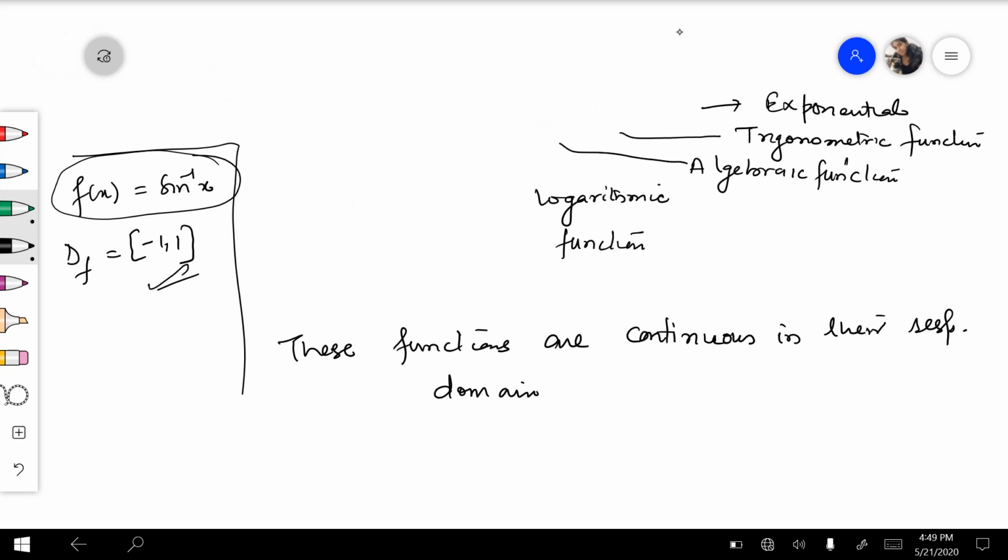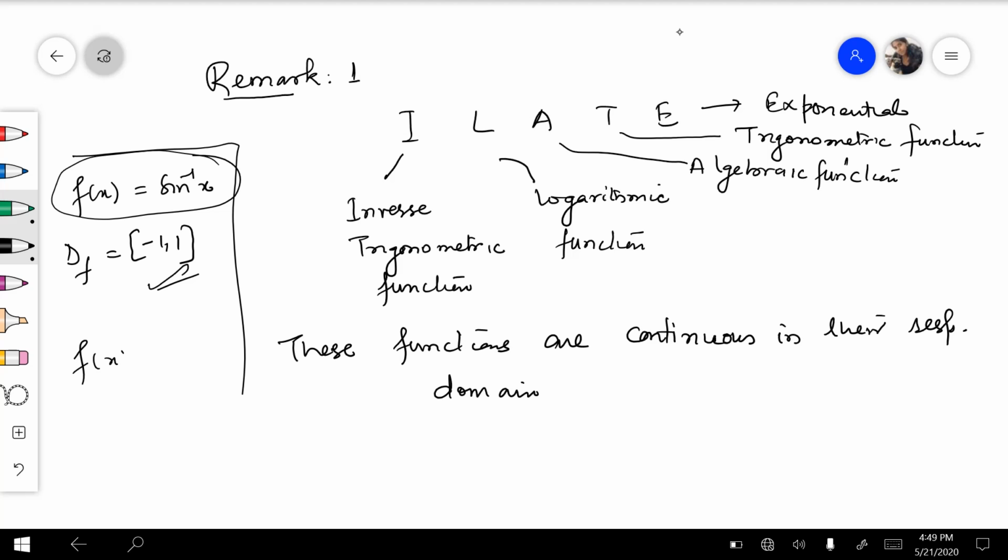Similarly, if we take the case of f of x equals cot of x, we must have the domain of this function. And as we know, domain of this function is all real numbers except n pi, where n is an integer. So this function will be continuous for all those numbers which belong to this set.